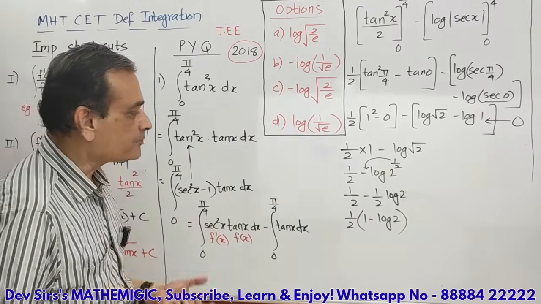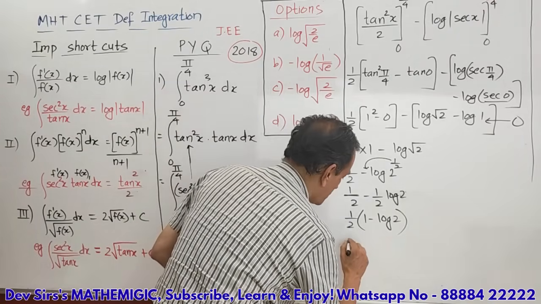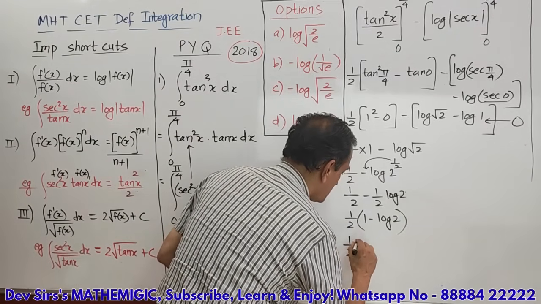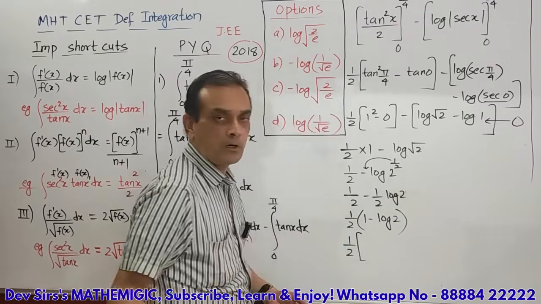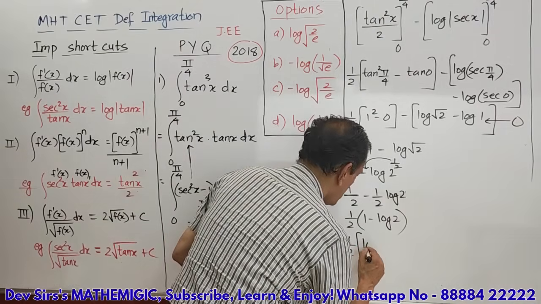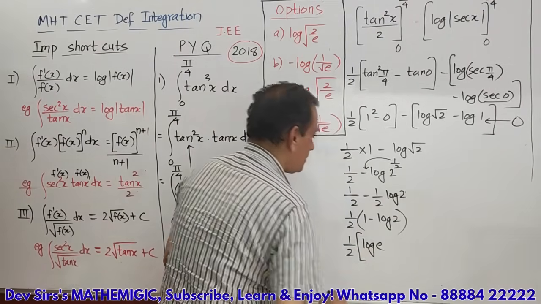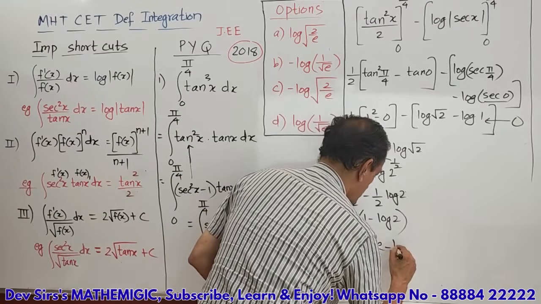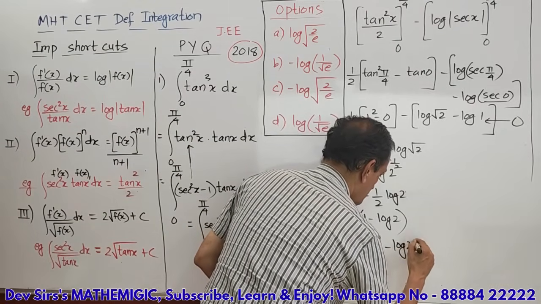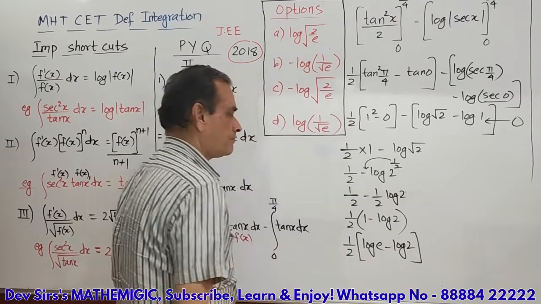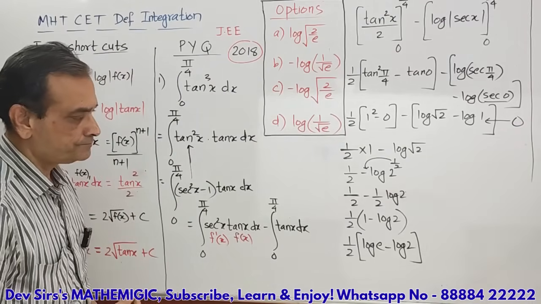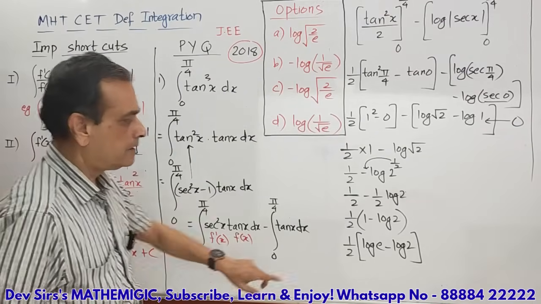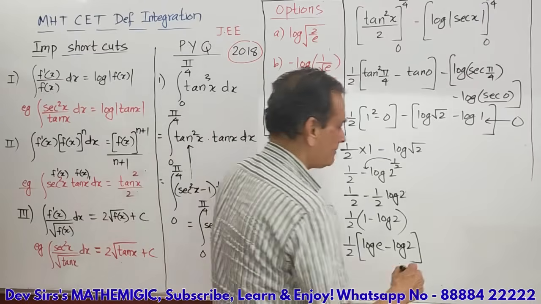So now my thinking process is I will get log here. So बोलो कैसे log है log? Simple. Log of e is 1. हो गया? Then log A minus log B.